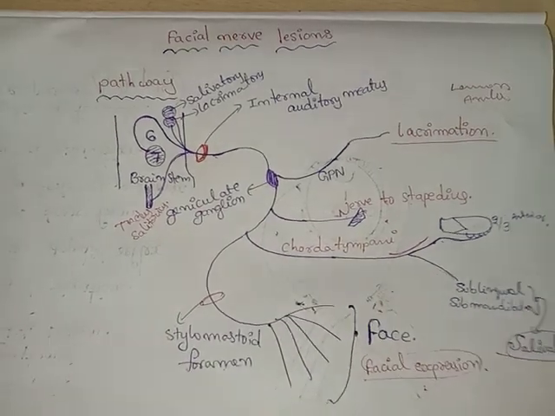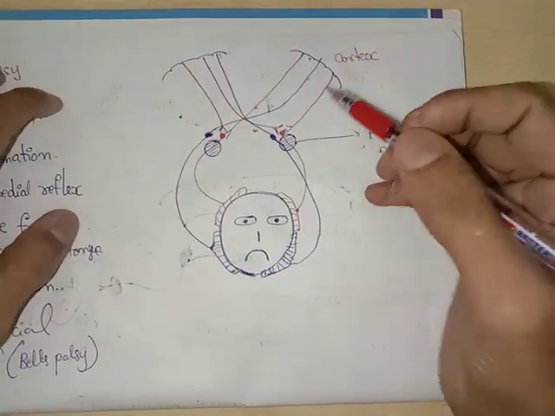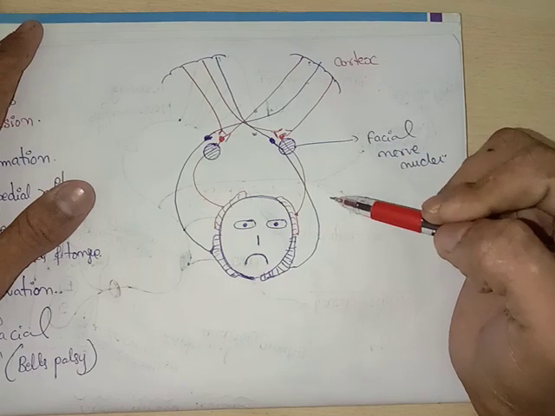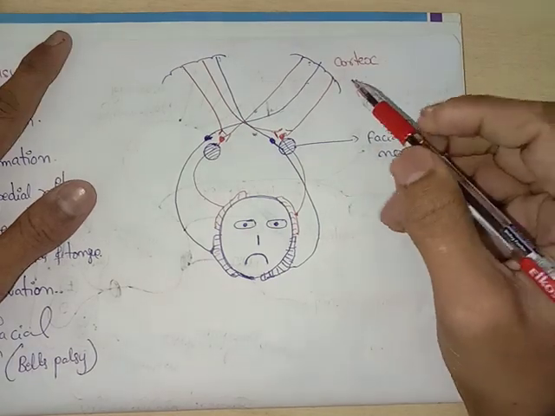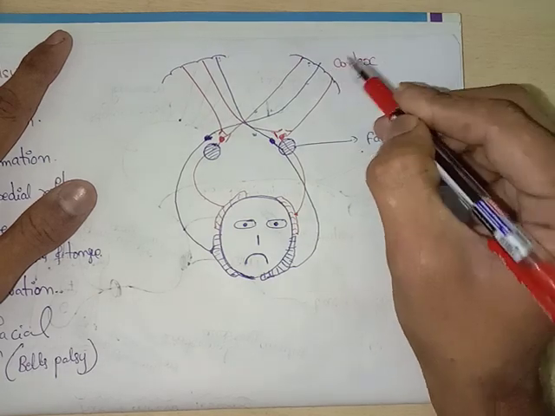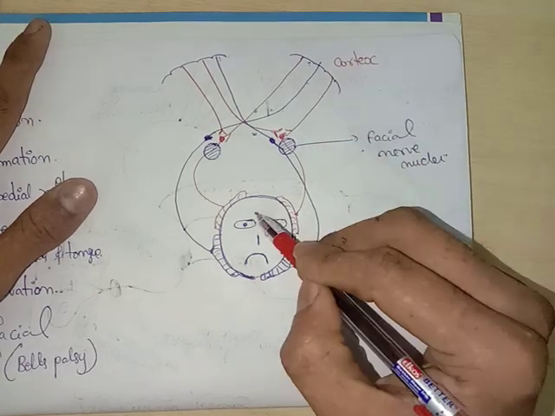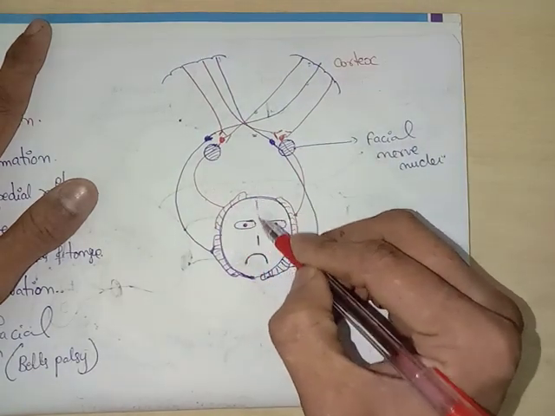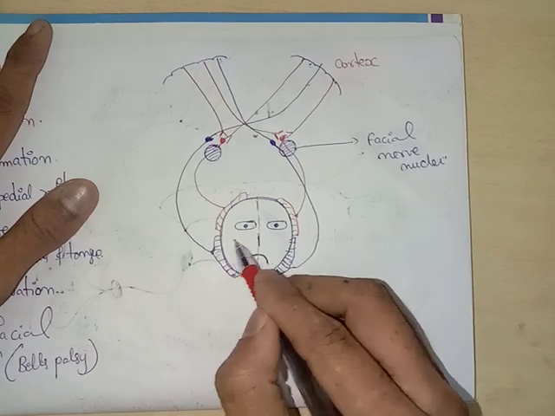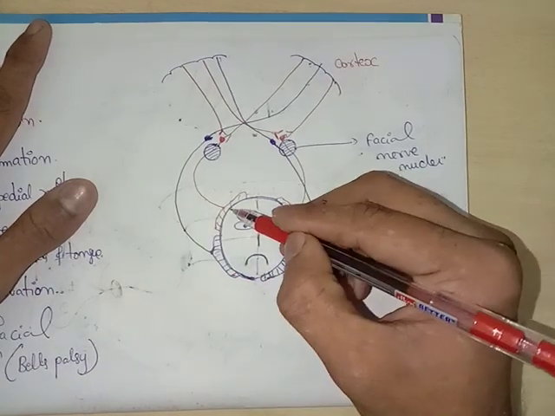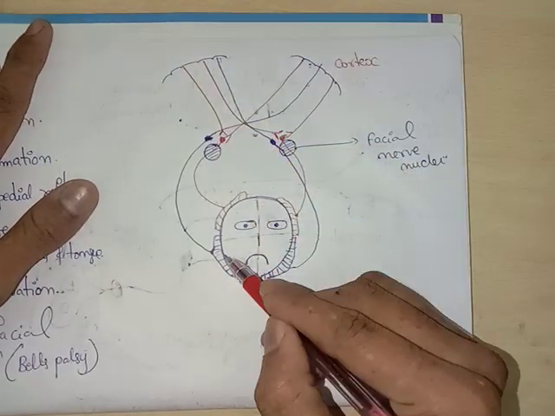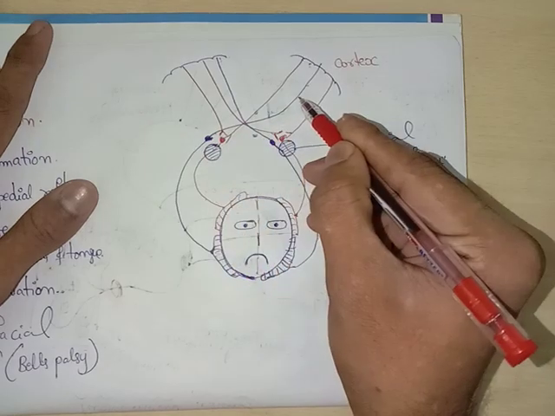Next I will explain the lesions. First I will explain the upper motor neuron: how our face receives the signals from the cortex. The upper half of the face receives both contralateral and ipsilateral fibers, but the lower half of the face receives only contralateral.